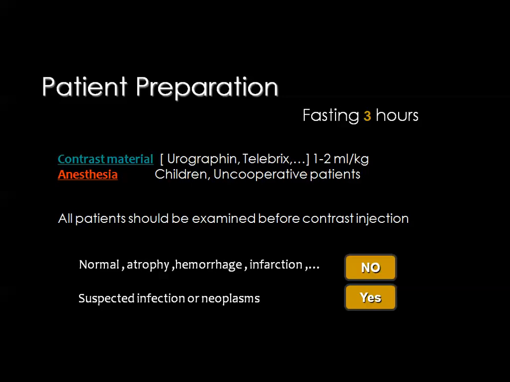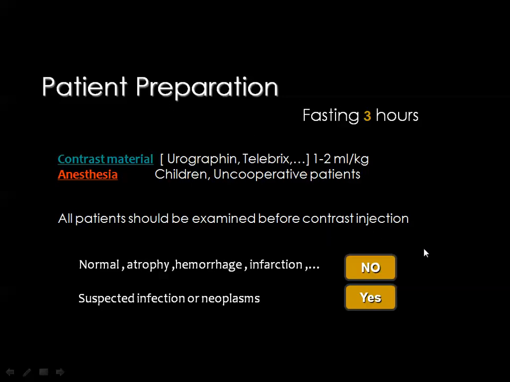And just to remind you about the way we usually examine the patient: before contrast injection, we look at the scan and assess whether we need to inject contrast or not. Sometimes we want to sedate the child, and in both cases, whenever we intend to give contrast media or sedation, the patient should fast for at least 3 hours.